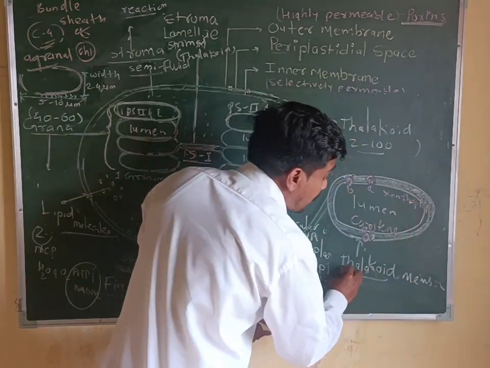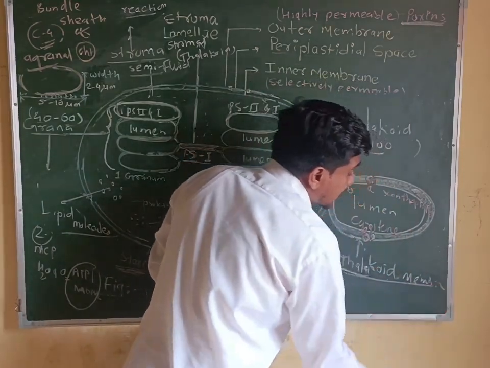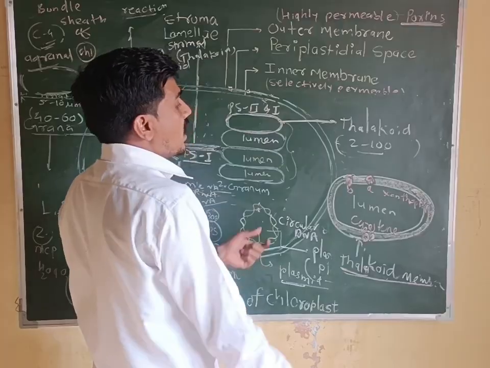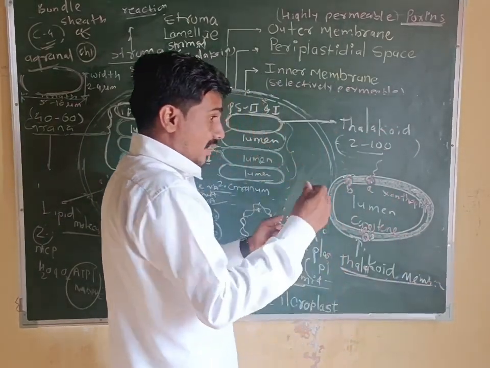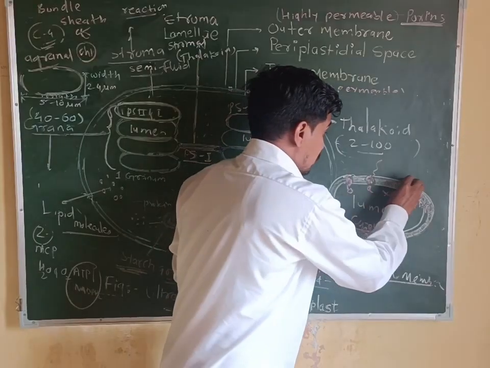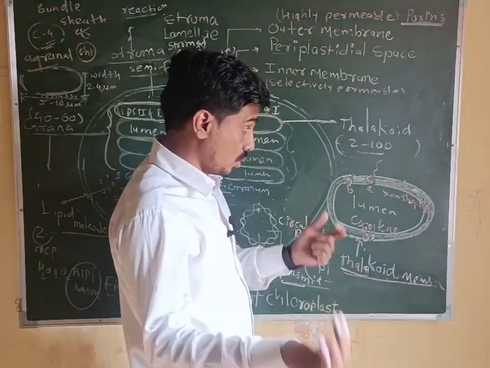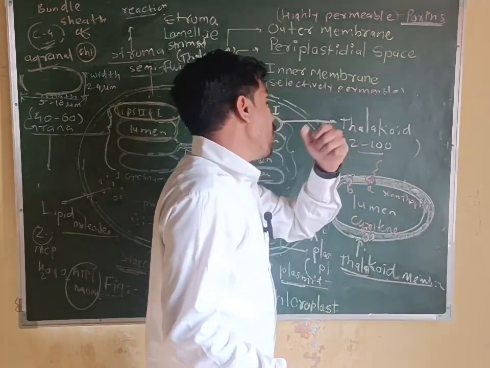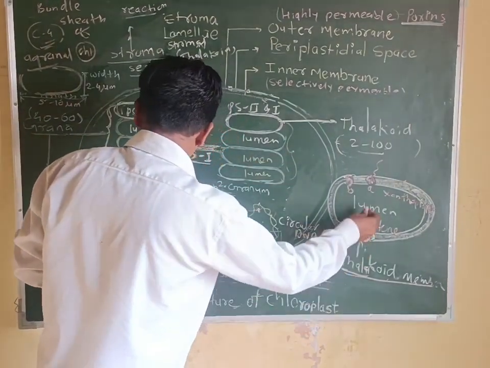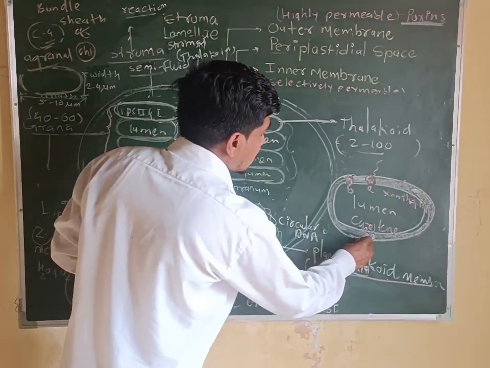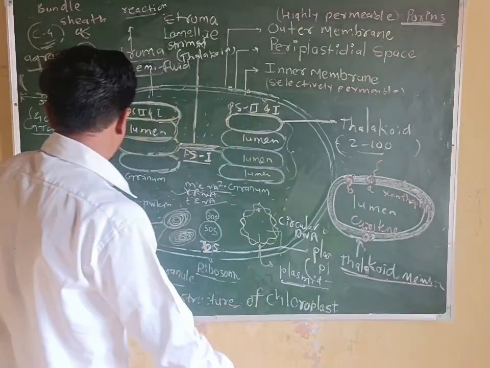All pigments are embedded in the thylakoid membrane. We know that pigments trap solar energy, which is converted into chemical energy, that is glucose, with the help of carbon dioxide and water. This is the information regarding the thylakoid membrane.